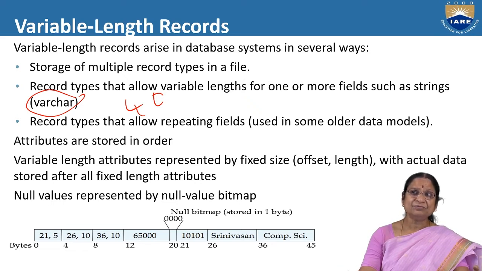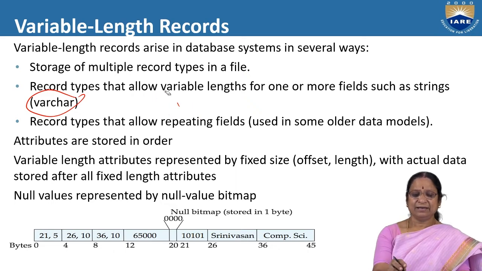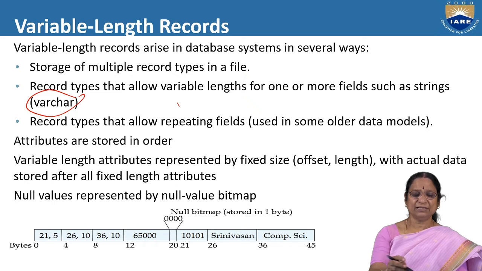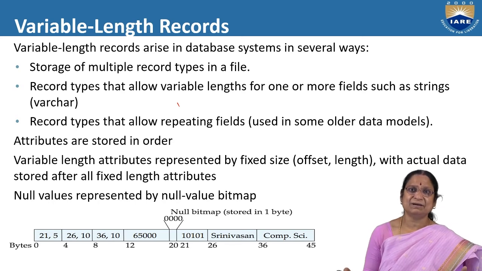Only some of the names are going to occupy 40 bytes, but some of the names may occupy 4, for example, Jan, or Ram, 3 characters. Like that, only 3 or 4 bytes are needed. If it is fixed, what happens? 37 or 36 bytes of space is going to be wasted, filled with blanks.